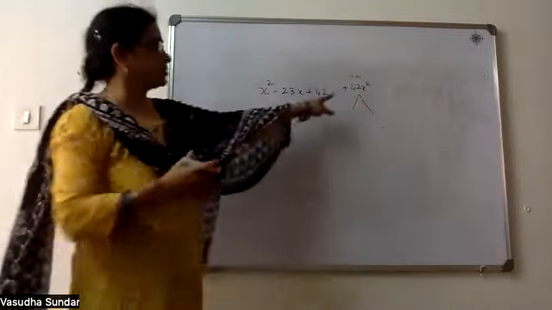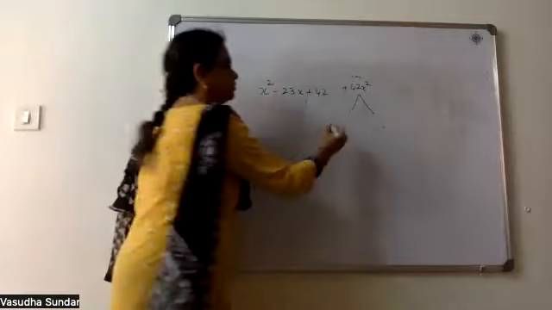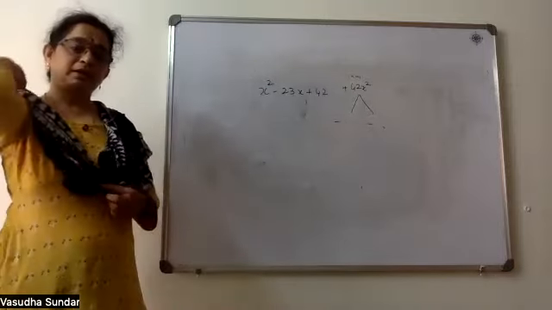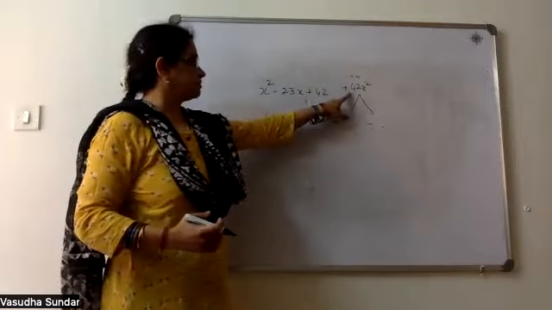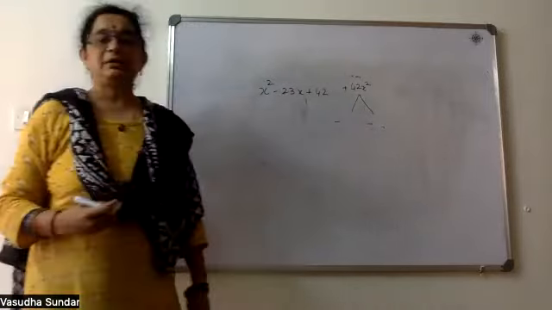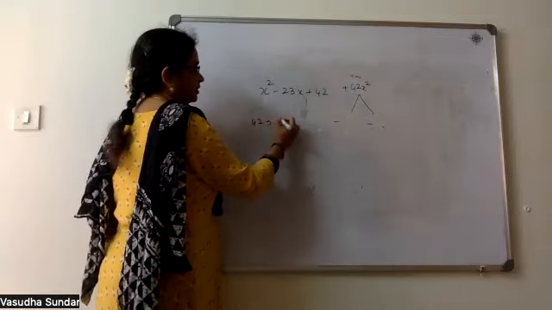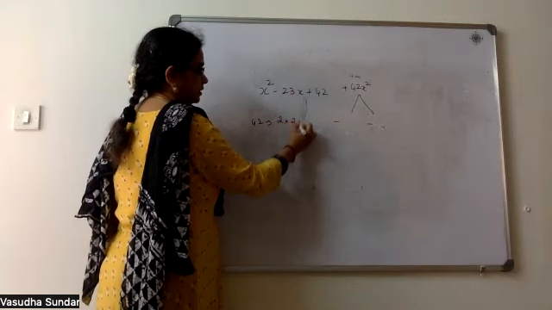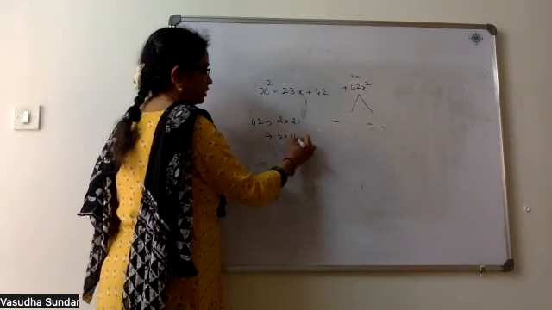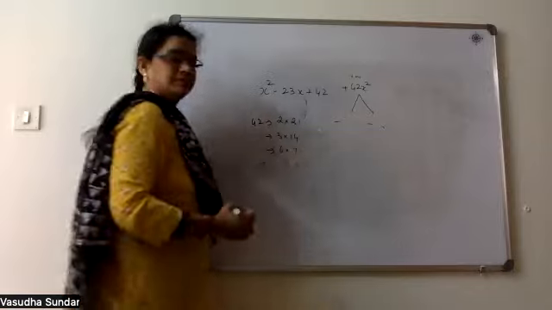The product is positive, the sum is negative, which means both of them should be minus. Now, 42, what all can you have? 2 into 21, or 3 into 14, or 6 into 7.